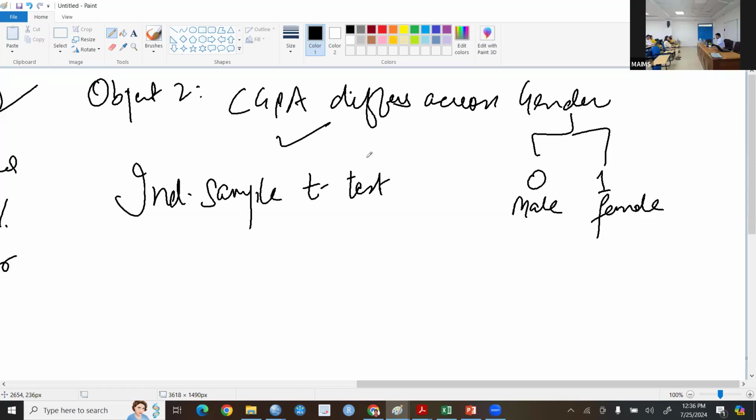So if your objective is whether my sales differ in north or east, if inflation differs in Brazil and Russia, if gold prices differ in UK and USA, gold prices are your dependent variable, but the country is UK or USA, the countries are 2. Whenever the factor is divided into 2, we go for independent sample t-test.